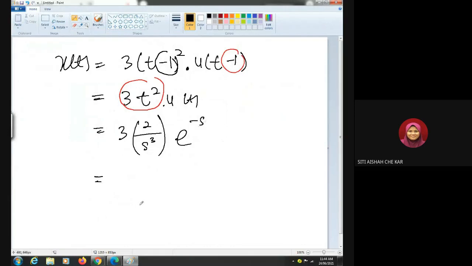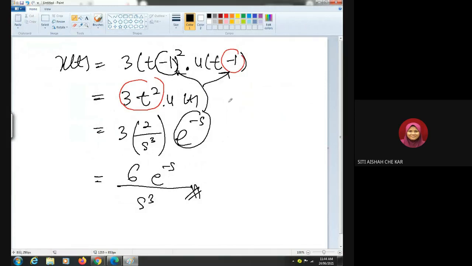Plus S, minus S. So your final answer is 6. Boleh tak? Boleh, dah boleh. This one belongs to this one. Shifting tu.